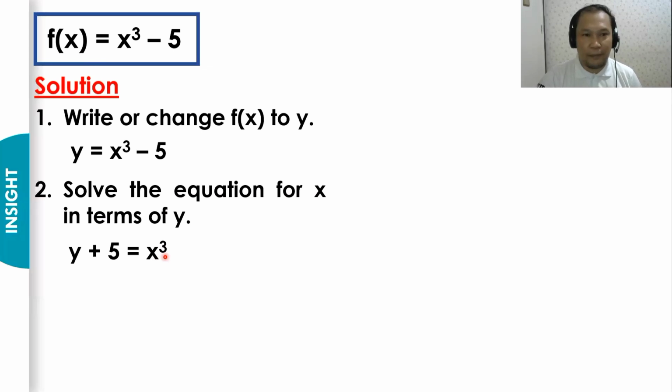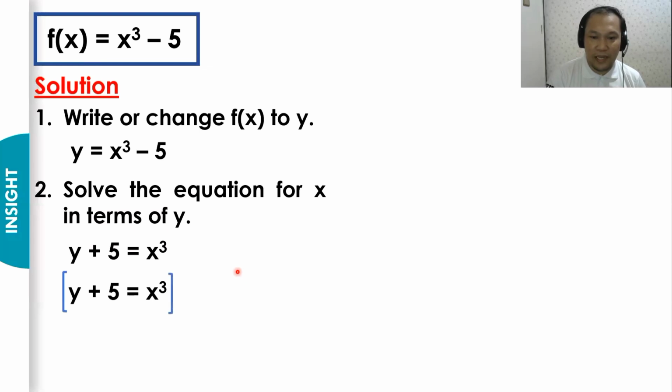We have to get the reciprocal because by multiplying the reciprocal, we are going to get an answer equal to 1. Okay, therefore, we are going to multiply both sides by an exponent 1/3 because the reciprocal of 3 is 1/3. Okay, so that the exponent of the variable x will become 1.